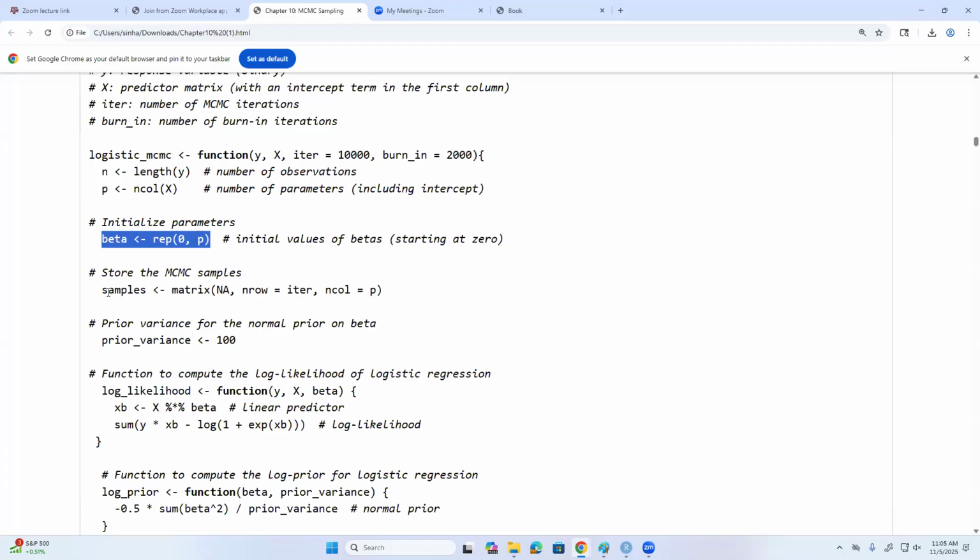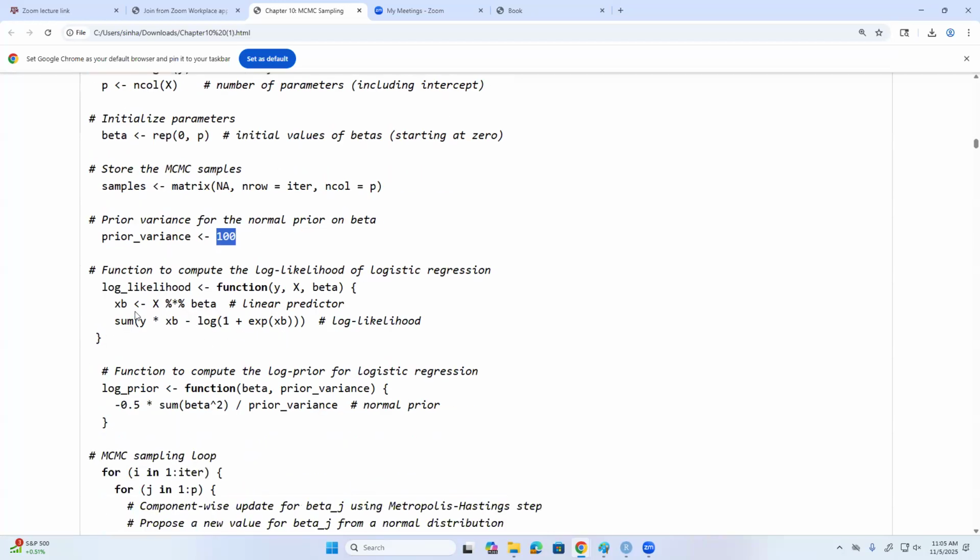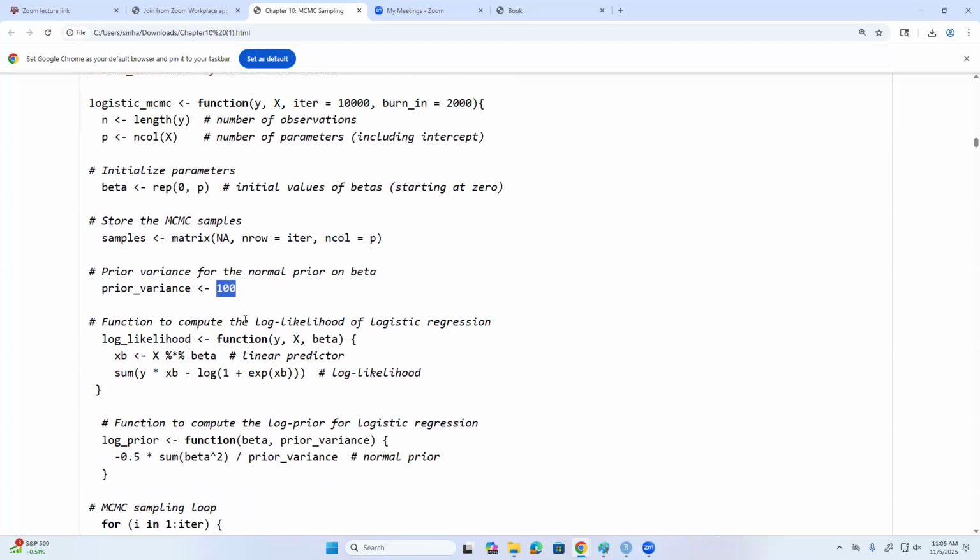Here the sample values will be stored, and there is a prior variance for the normal prior on beta. I put prior variance 100, standard deviation 10. Log likelihood, so this is important.